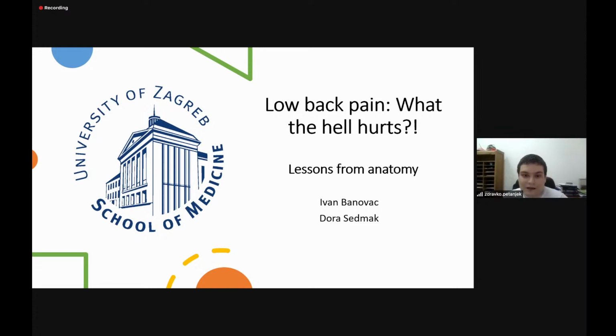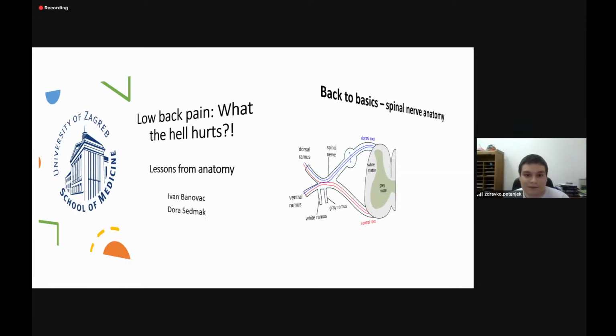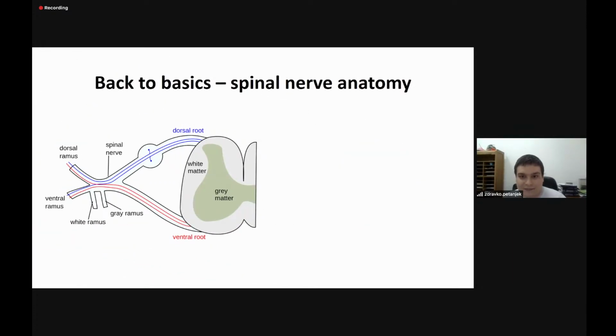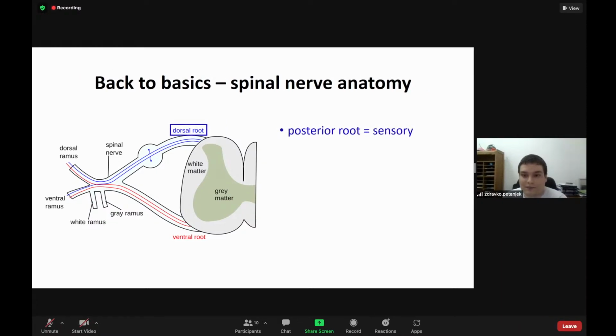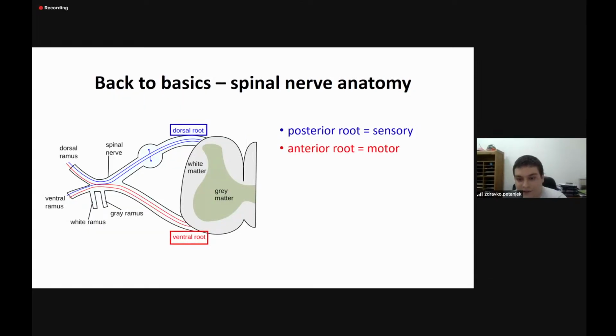So, first things first, in order to understand low back pain, we have to go a little bit back to basics and do a very quick revision of spinal nerve anatomy. So let's remember that we have a posterior root which carries sensory fibers and an anterior root which carries motor fibers, which join to form the trunk of the spinal nerve, which then of course carries both types of fibers, which we call a mixed nerve.